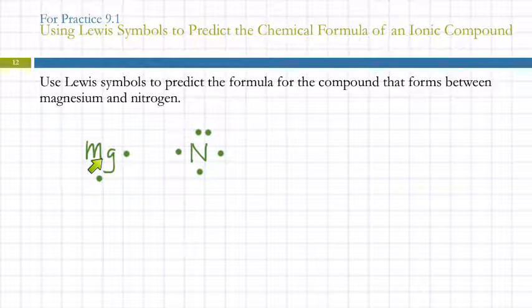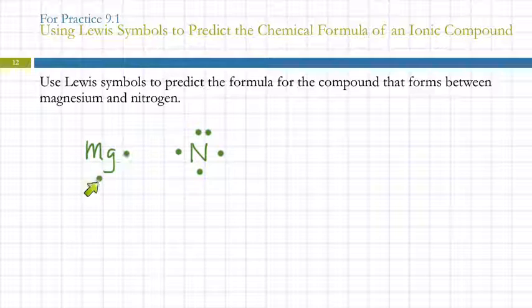For magnesium to get 8 electrons by gaining, it would have to gain 6 electrons. Gain 6, lose 2. Well, it's closer. It's easier to just lose 2. And for nitrogen, it would either have to lose 5 or gain 3. Gaining 3 is easier. So magnesium is looking for somebody to take its 2 electrons, and the nitrogen is looking for the 2 electrons. So it's like, hey, we can get together and we can help each other out, right?